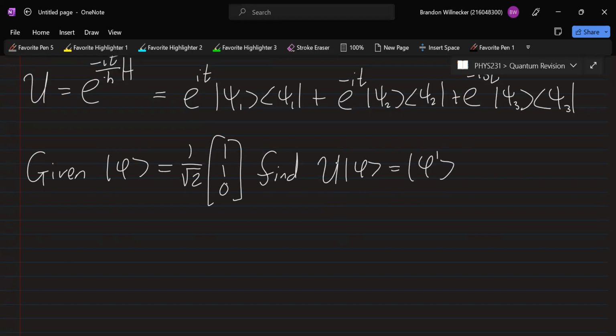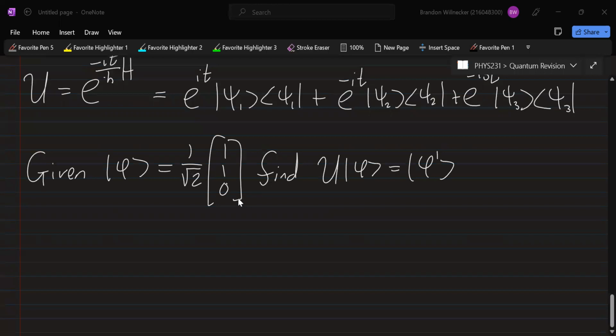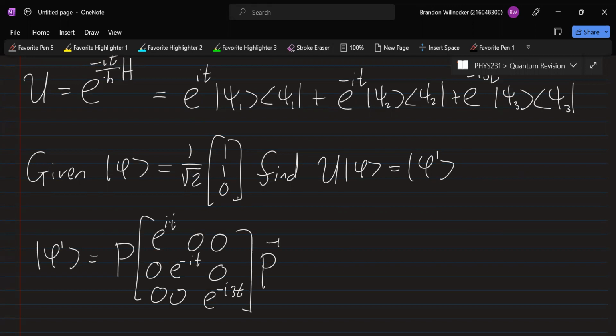Okay, so we can do it using the first method with the matrix multiplication. We're going to have P times the diagonal matrix times P inverse, and then times the state vector. So psi prime will be P times the diagonal matrix with e to the RT, e to the minus RT, and e to the minus 3RT on the diagonal, times P inverse, and then times the state.